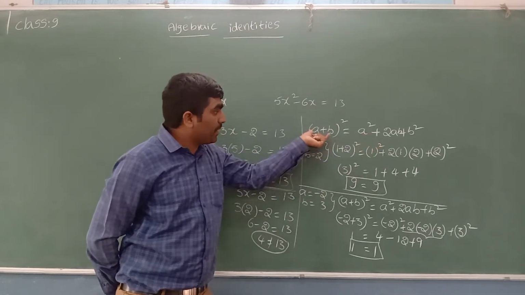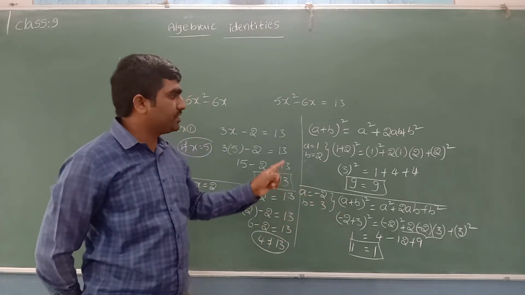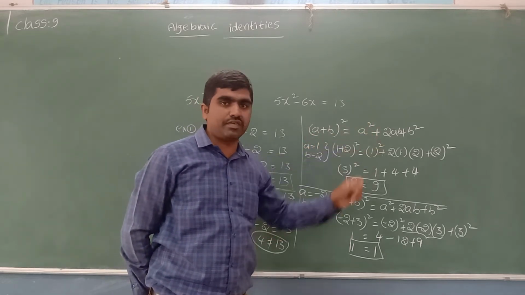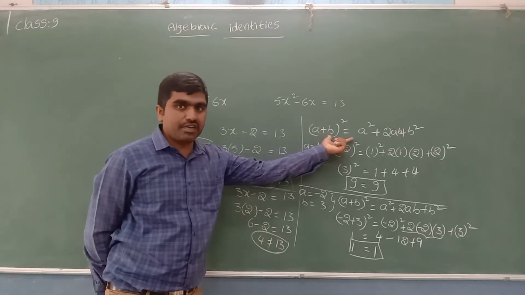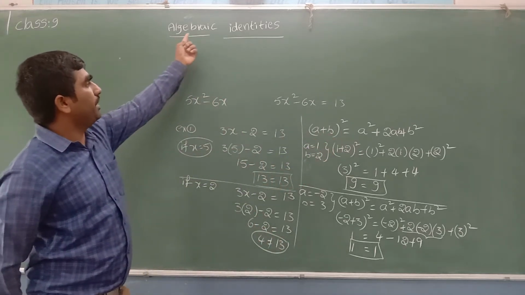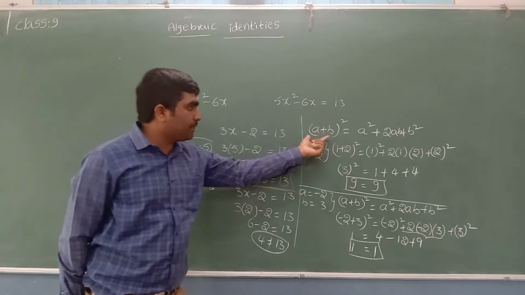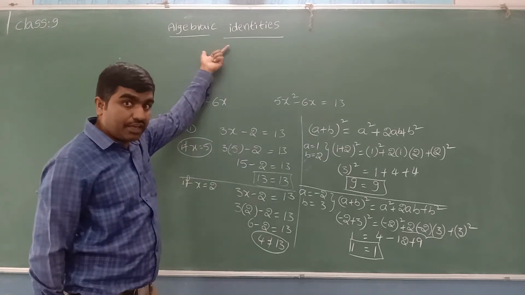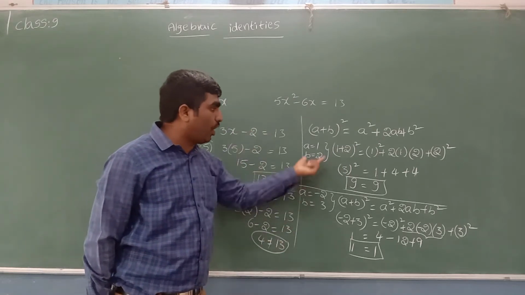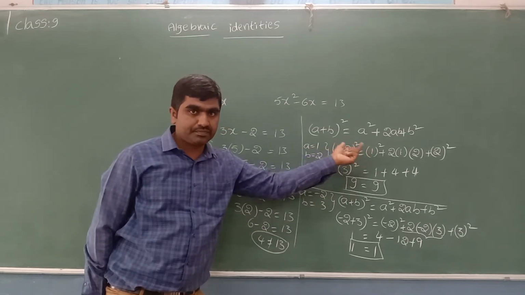In the place of a and b you take whatever values you want, it is true for all the values of the variables. So this type of algebraic equations are called algebraic identities. Once more, an algebraic equation is said to be an algebraic identity if it is true for all the values of the variables occurring in it.